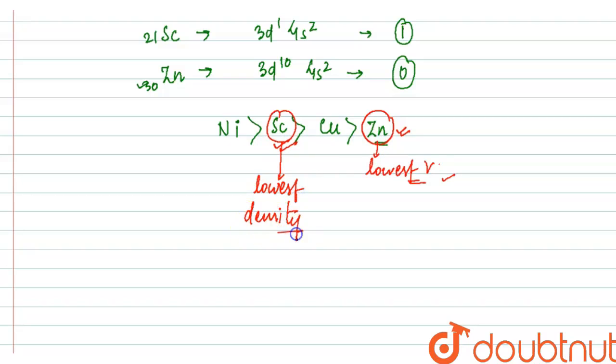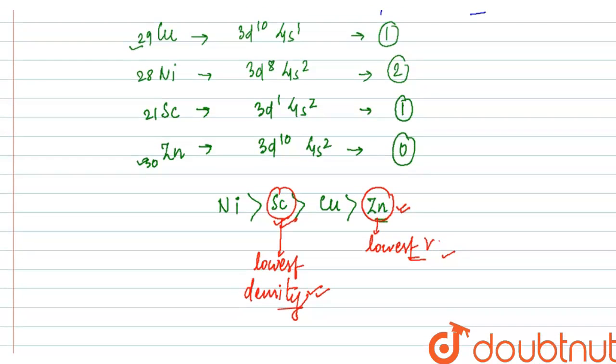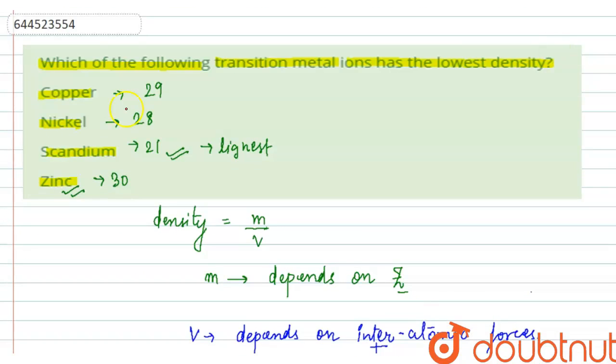Just because it has the least mass out of all the four elements, and also it has weak interatomic forces because the metal-metal bond is weak here, as it has fewer unpaired electrons. So scandium will have the lowest density out of all the four, right?